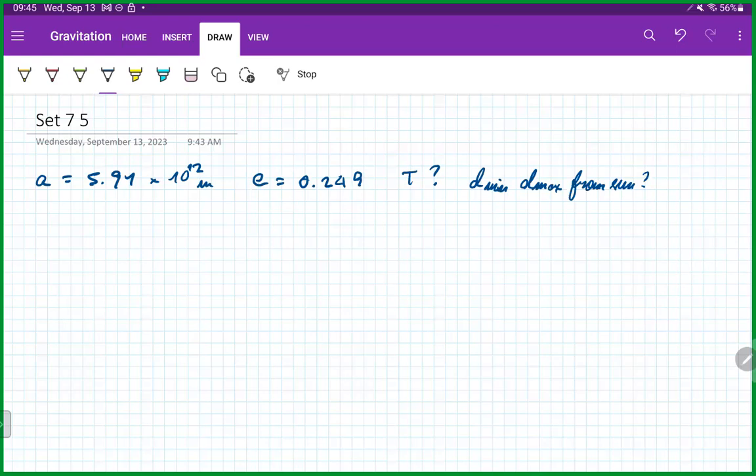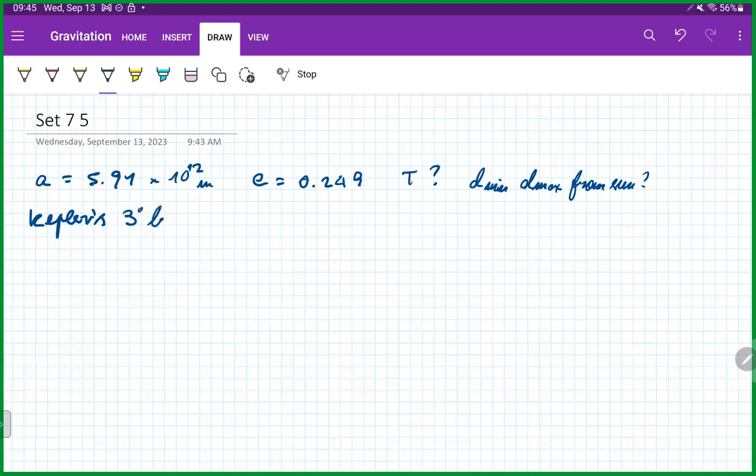All right, and so we get Kepler's third law.